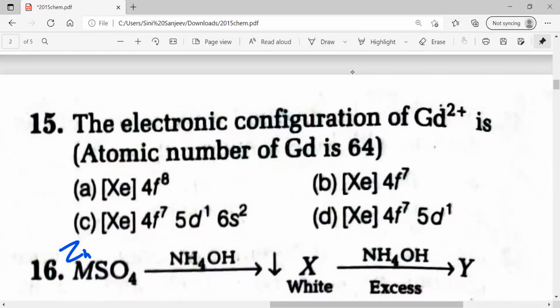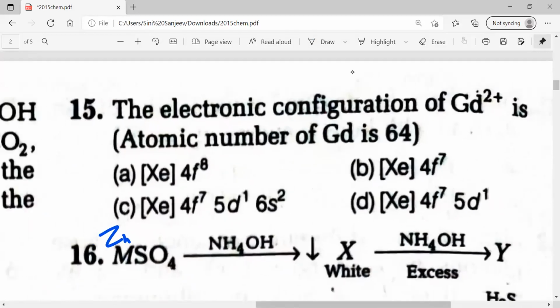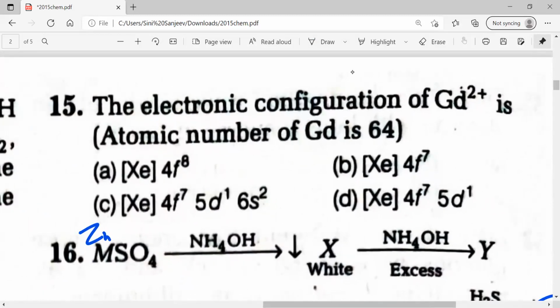15th one. The atomic number of Gd is 64.